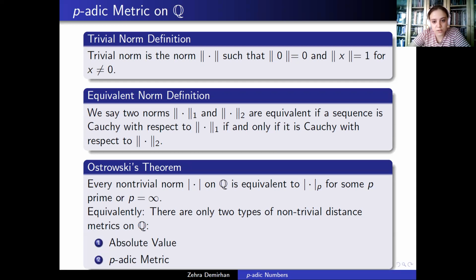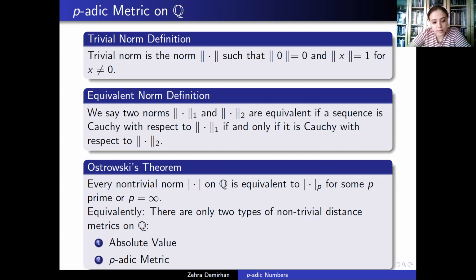The trivial norm is the norm such that the norm of 0 is 0, and for any other x, the norm of x is 1. And for equivalent norms, we say that two norms, let's say norm 1 and norm 2, are equivalent if a sequence is Cauchy with respect to norm 1 if and only if it is Cauchy with respect to norm 2.